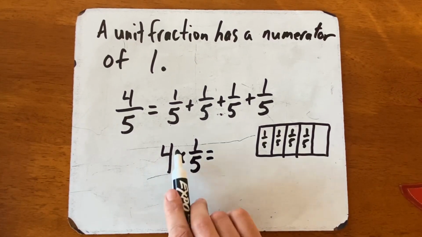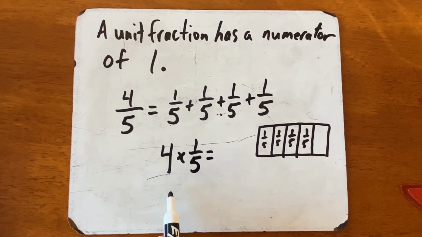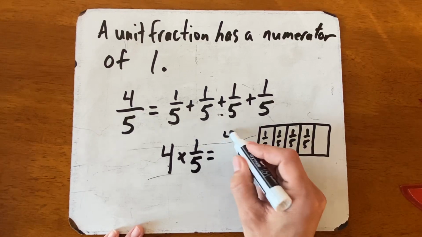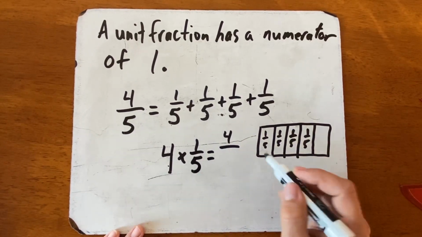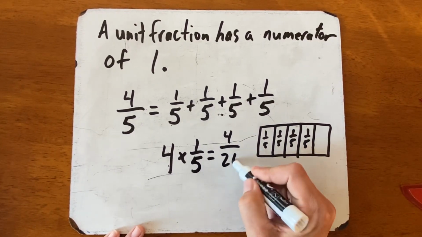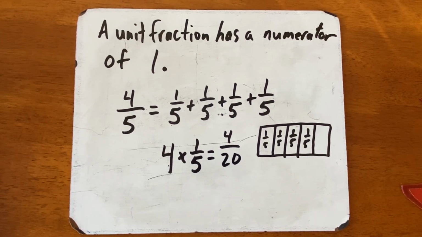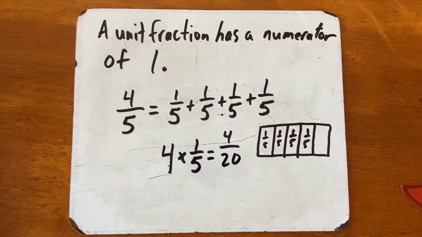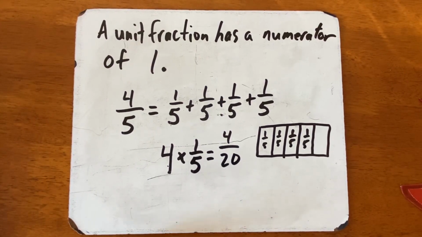What will we multiply? Will we multiply this and this, and this and this? Let's say we did that. Let's say we multiplied 4 times 1, and then we multiplied 4 times 5. 4/20. Well, we're not talking about 20ths at the moment. We're talking about fifths. So to multiply the denominator by that would actually be kind of incorrect.